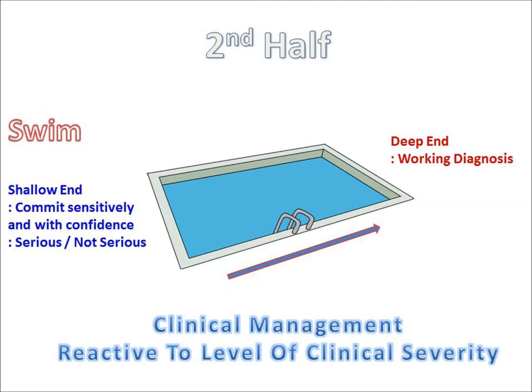Does it require an admission? Perhaps it's not as serious as that, but perhaps it's actually serious enough to warrant an urgent outpatient review or specialist review, or actually, perhaps it is just a non-specific viral-related rash with no other red flags and something that you can contain within general practice yourself with a good follow-up and a good safety net.